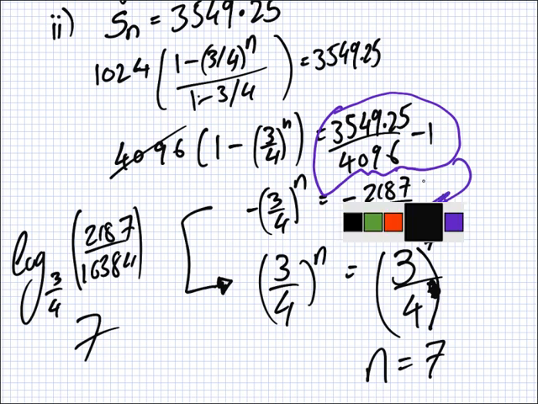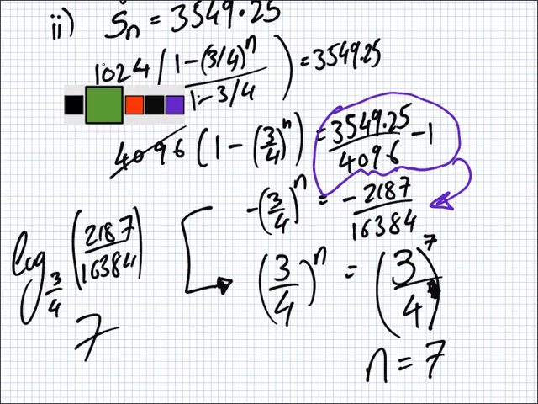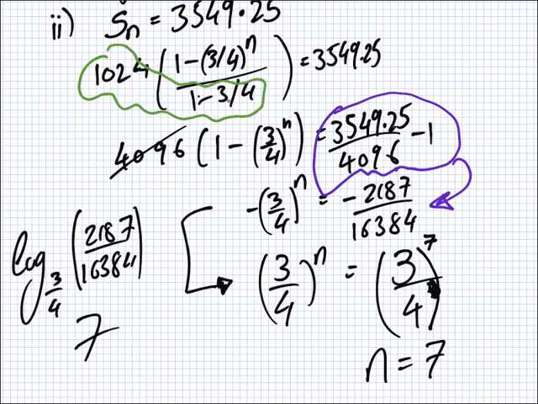But from where did you get this number, 4096? That is 1024 divided by 0.25.